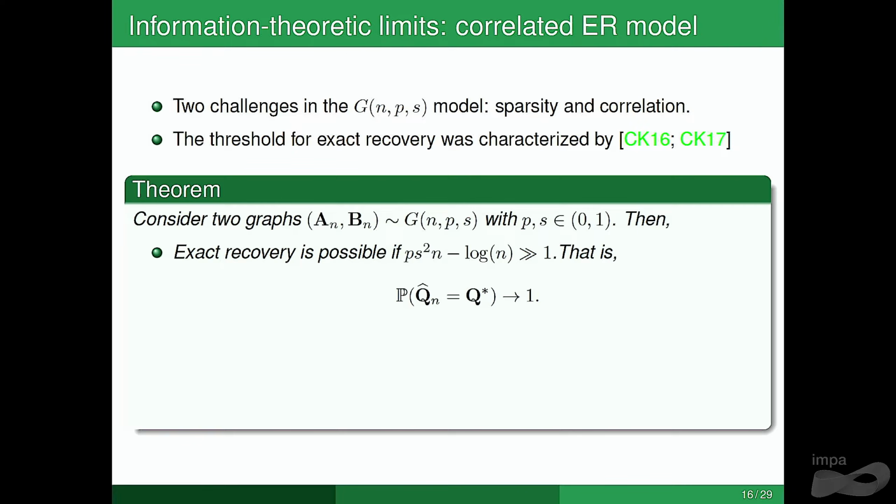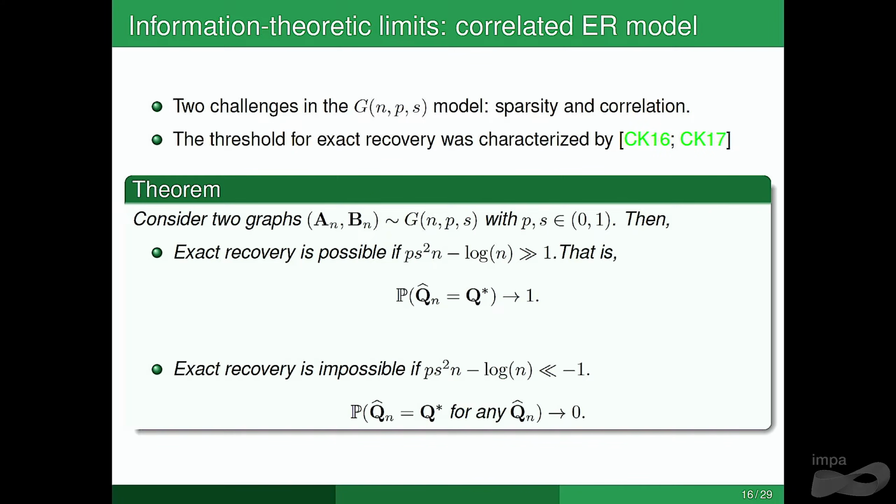We consider here the edge subsampling model in which, again, we take a graph generated with the Erdős–Rényi distribution, and then we subsample the edges with probability S. So we remove some of them. The result says that exact recovery is going to be possible as long as the probability and the correlation are sufficiently large relative to n and relative to log n.